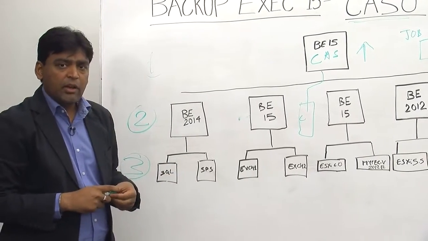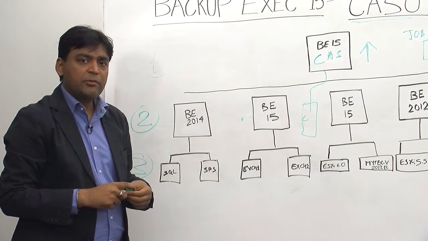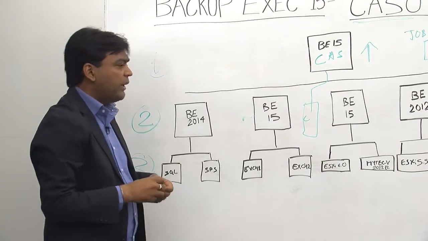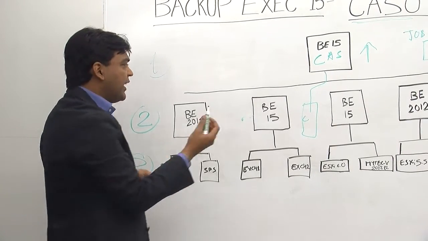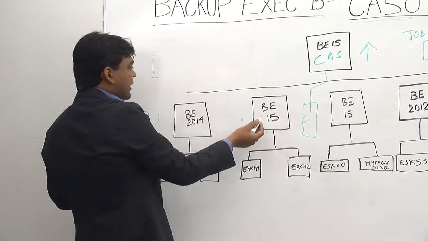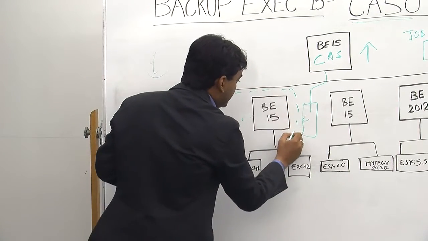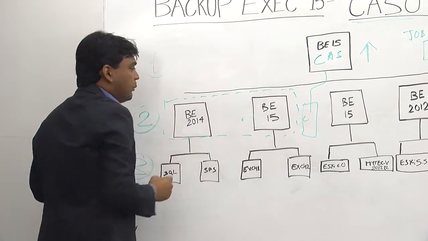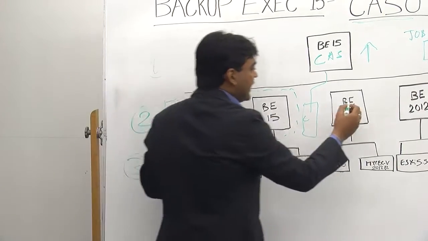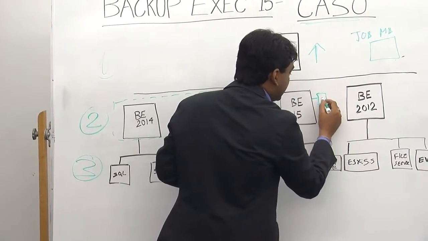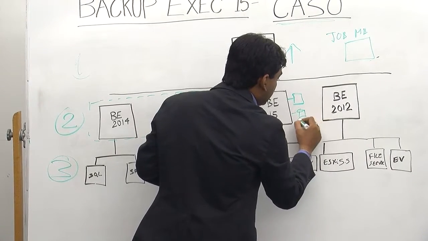Another good feature of the Backup Exec central admin server option is load balancing. You can create a device pool or server pool. For example, if you have a couple of Backup Exec servers, you can have a virtual server pool, or a device pool if you have multiple devices, such as a tape library or a disk connected to multiple Backup Exec servers.